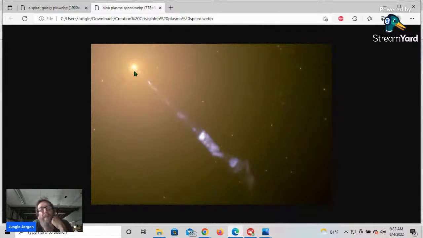They observed it and they measured and calculated the rate of this jet shooting out from the center of this galaxy. They said it was 5 times faster than the speed of light. There's a problem there because you can't have anything going faster than the speed of light for one thing, and 5 times the speed of light means you got something wrong.